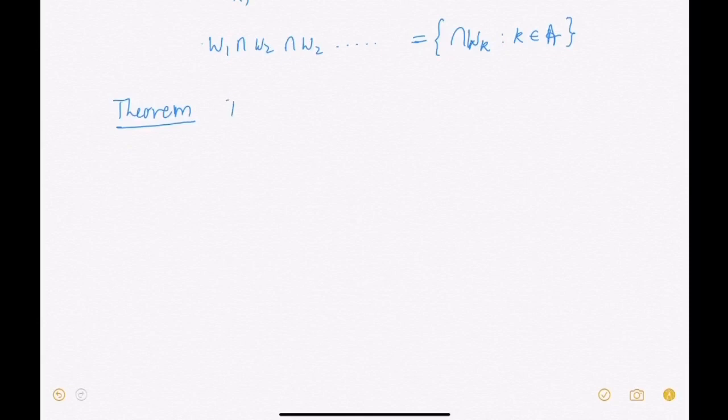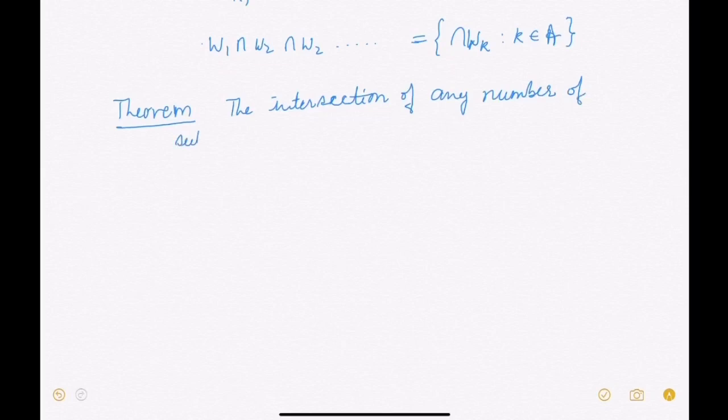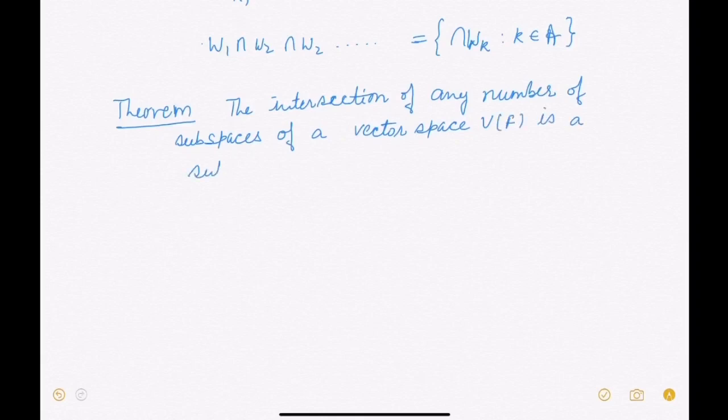The intersection of any number of subspaces of a vector space V(F) is a subspace of V(F).